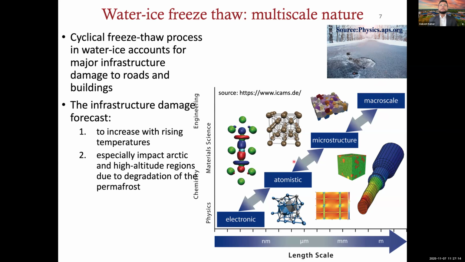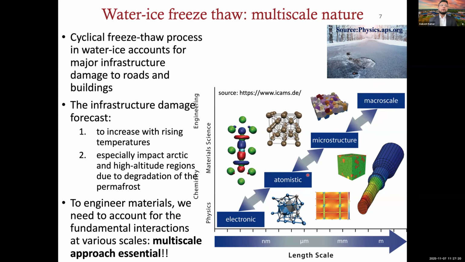And we should be able to take into account these fundamental interactions at the smaller scale to account for that, right? And so that's basically my focus, which is we need to account for these fundamental interactions at different scales. So this multi-scale approach is essential here.